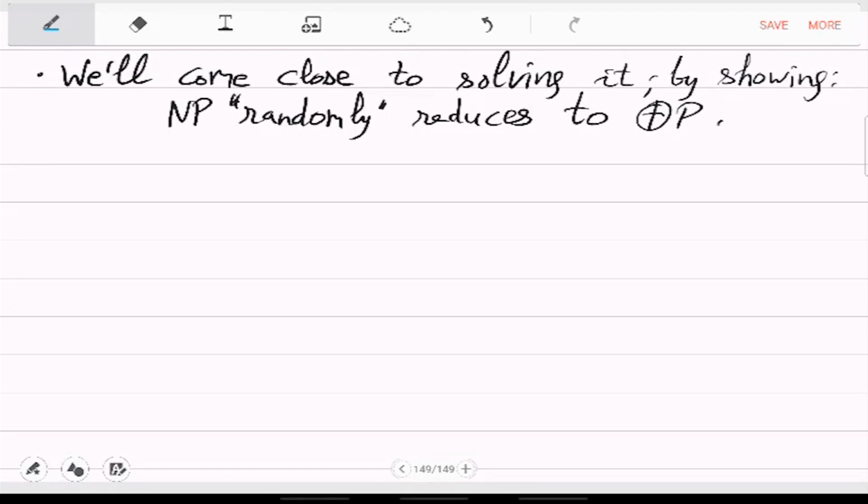So this is the lemma we will prove now. Valiant-Vazirani theorem, it's called.